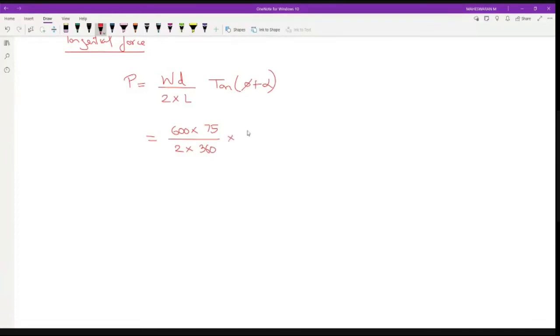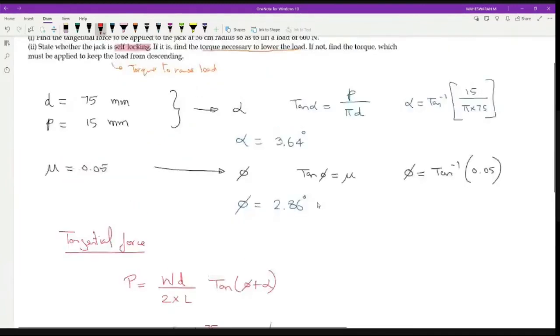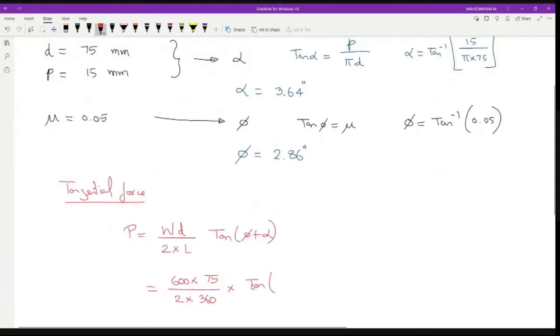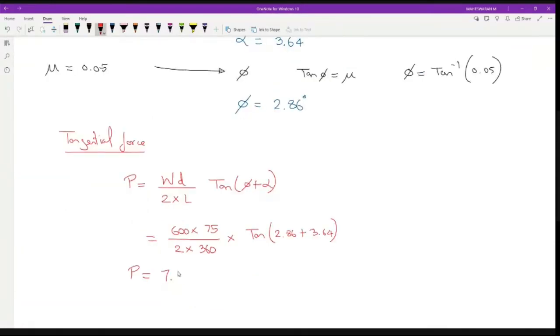Into tan of phi plus alpha. You know the value of phi and alpha: phi is 2.86 and alpha is 3.64. So 7.125 Newton. This is the tangential force required to lift.